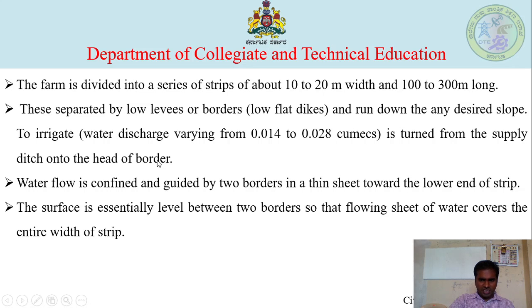Here, in this irrigation strip, the discharge varies from 0.014 to 0.028 meter cube per second. The water flow is confined and guided by two borders in a thin sheet of water toward the lower end of the strips.